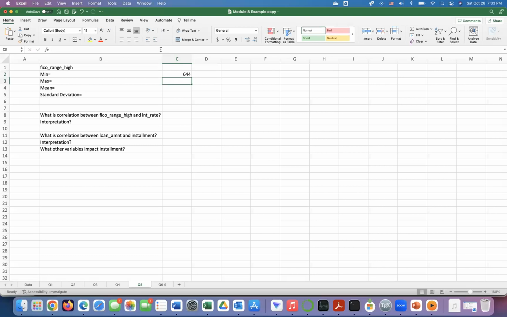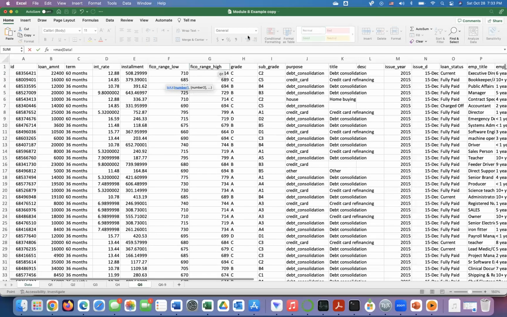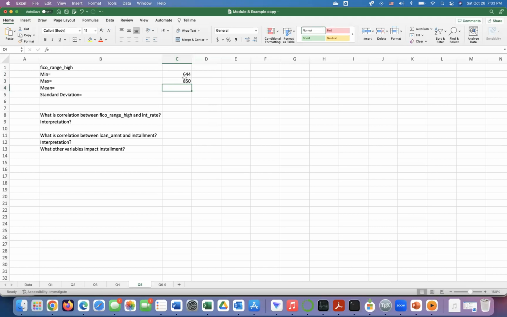644. That means if your credit score is less than that, don't even apply for loans. Maximum equals max, and then it's gonna be FICO range high, column G, 850 is the maximum, so minimum is 644, maximum 850, and then mean equals average.